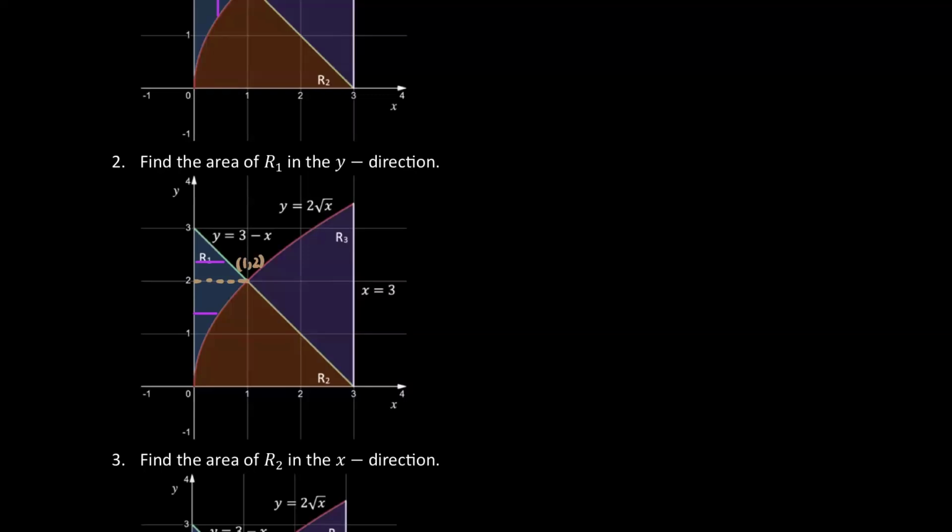And because we're doing it in the y direction, there's one more thing that we have to do, which is to solve for those functions in terms of y. So if y is 3 minus x, then x is 3 minus y.